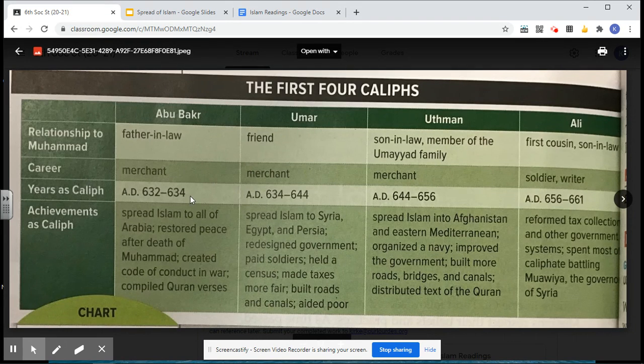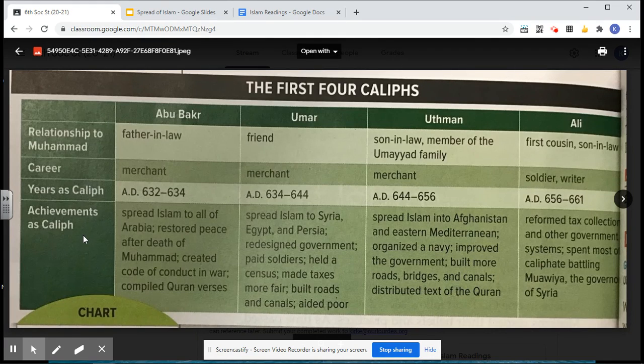So the fact that most of these guys did not rule for very long would definitely be a fact that they all have in common. Again, 12 years and 10 years is a long time, but by comparison, when a lot of people back then were in charge for life, that's going to cause some people to be concerned about how long or not long they're in charge.